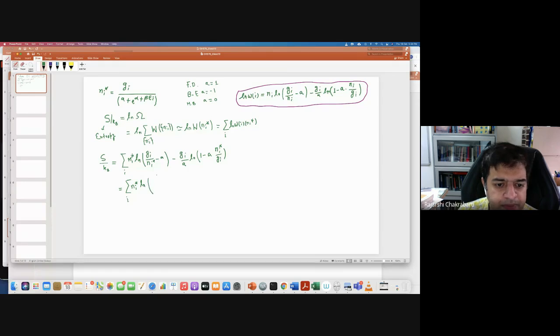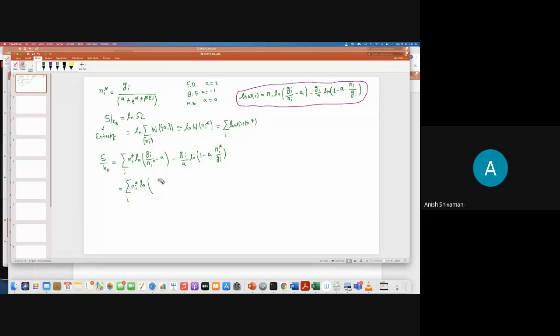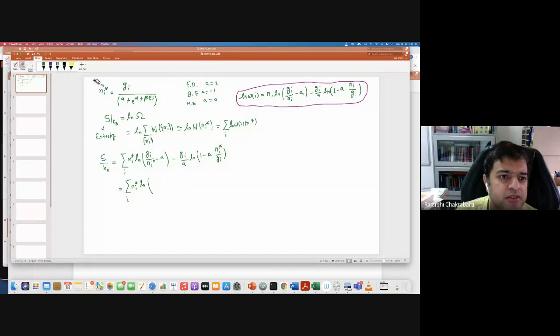Take this gi. Now you know gi by ni star. What is the expression actually? I can directly put it as a plus e power alpha plus beta epsilon i, because gi by ni star is this. You can take it on the other side, isn't it? So you'll have something like a plus e to the power alpha plus beta epsilon i, minus a, isn't it?